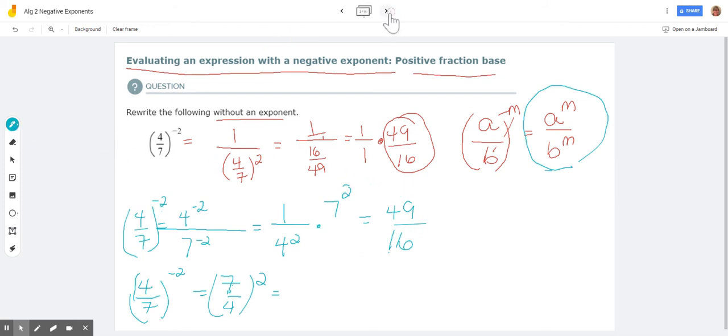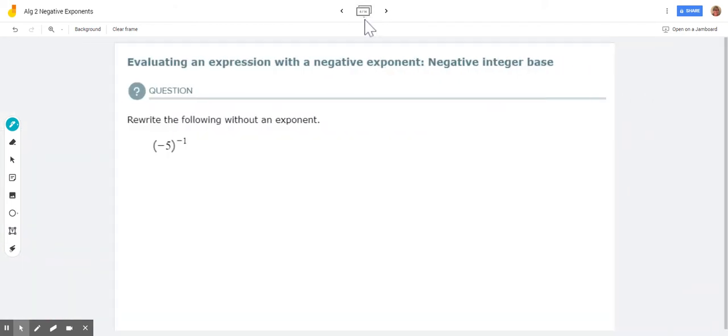Let's try another one. Pretty sure I gave you another one of these. Nope, this one has a negative integer. So let's take a look at this one. It's -5 to the -1. Nothing has changed. If you need to block this out, it's totally fine. But it's 1 over -5 to the 1, which is -1/5. That's it.